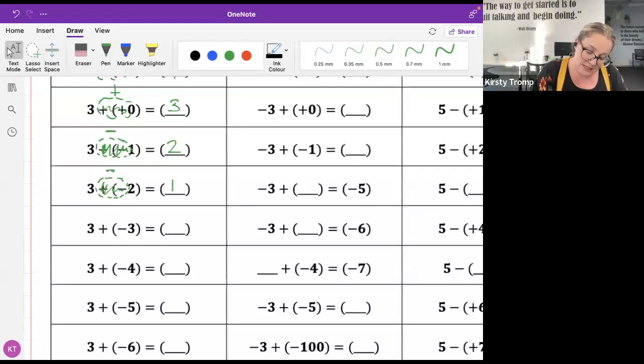I've got a positive sign and a negative sign right next to each other. I'm going to put a circle around them, cross them out and it's going to become a negative. So 3 minus 3 will give me 0.